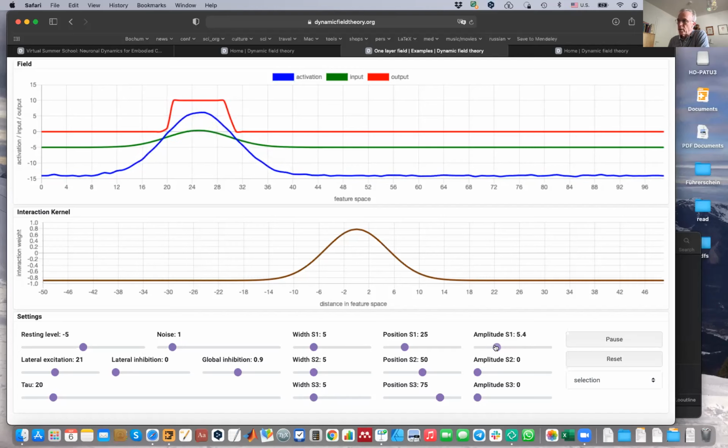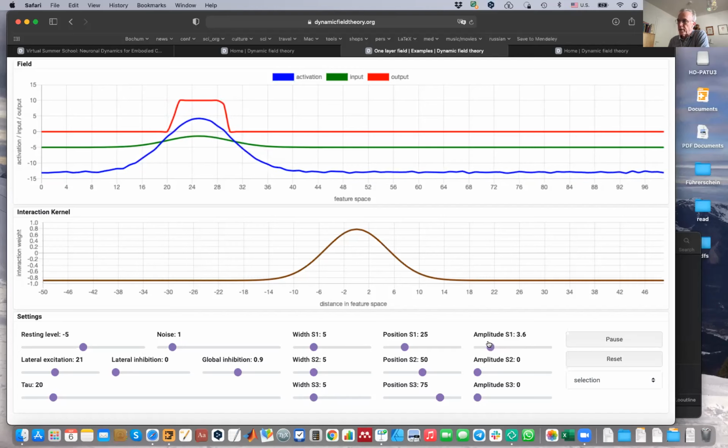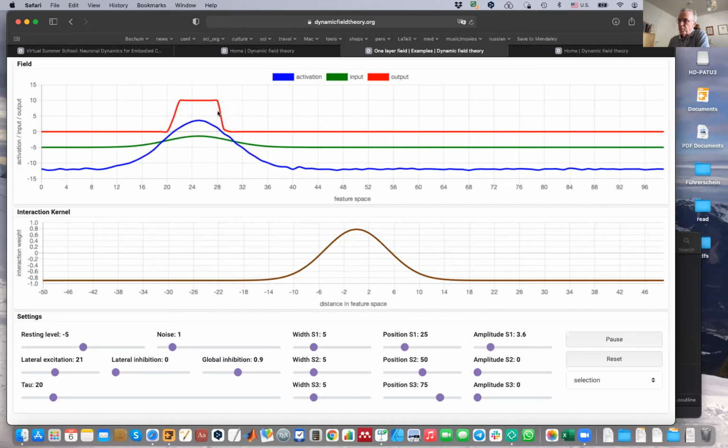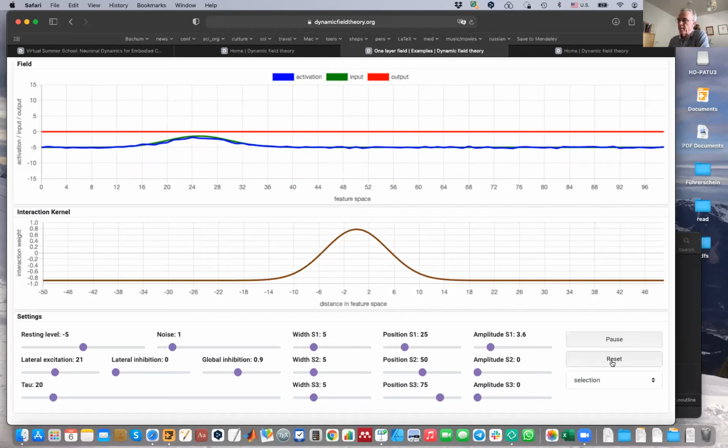If I go to lower levels of input, like this one here, then the peak persists. Now, this is a level at which I can also have the green solution, the blue equals the green solution. For instance, I can reset the field to the initial condition and have that subthreshold solution. And so it's really bistable in that regime.